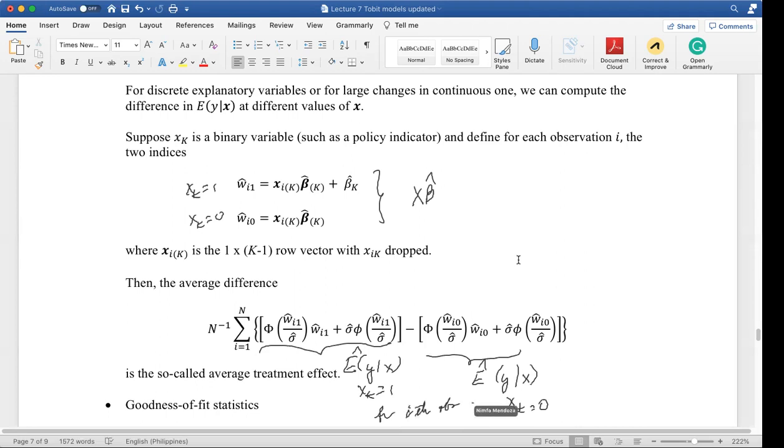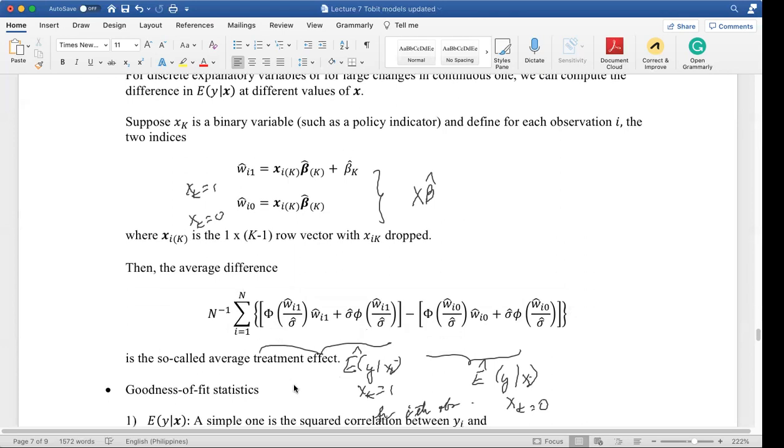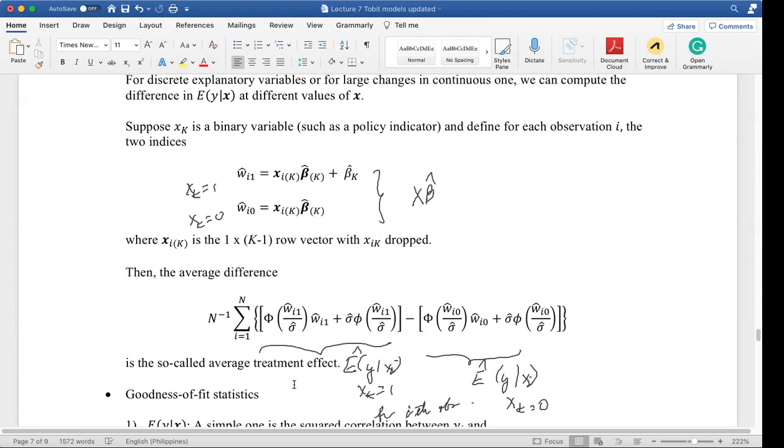Okay, so this is for x sub i. Okay, so when you get the sample averages of the difference, then you have the so-called average treatment effect. Okay, is that clear? Okay, so I think this is the first time we have the average treatment effect.